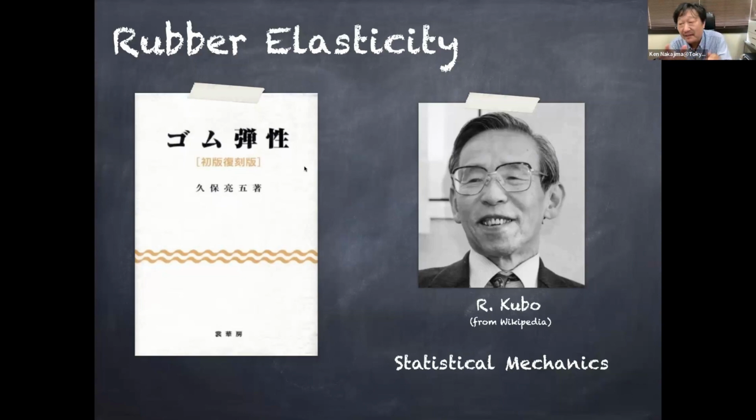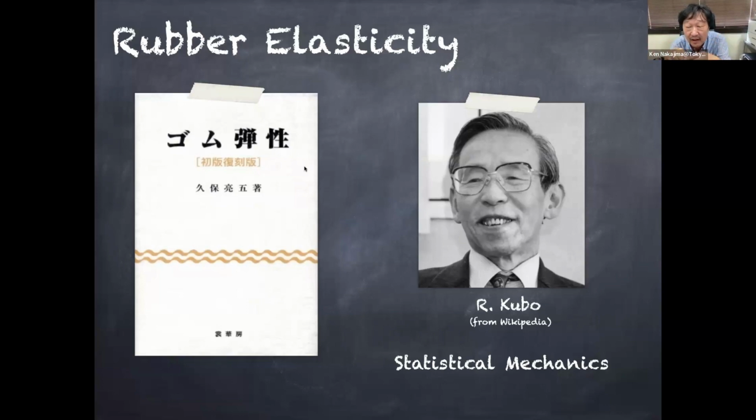What I wanted to say is that he's a big name in the field of statistical mechanics, but his first interest was placed on rubber. Rubber is such an interesting material in terms of statistical physics and thermodynamics.